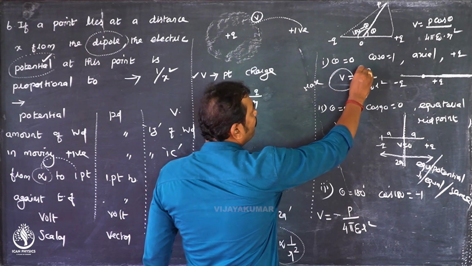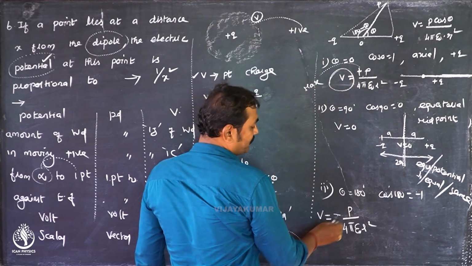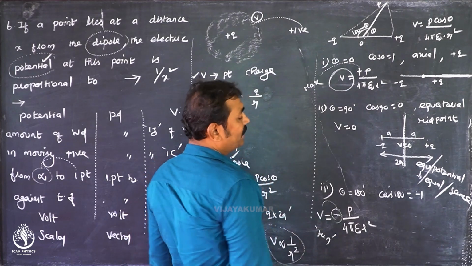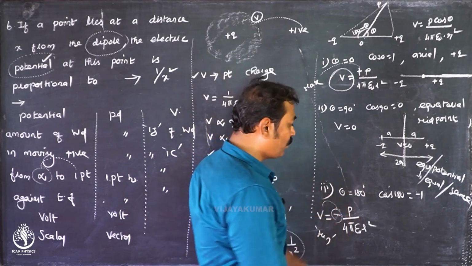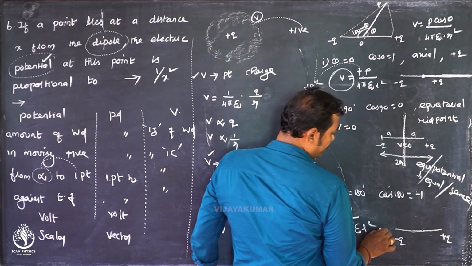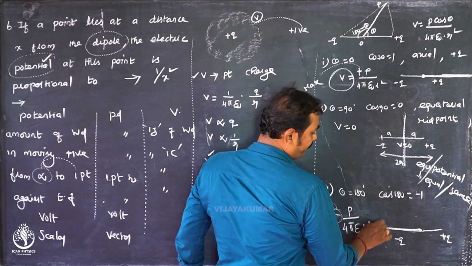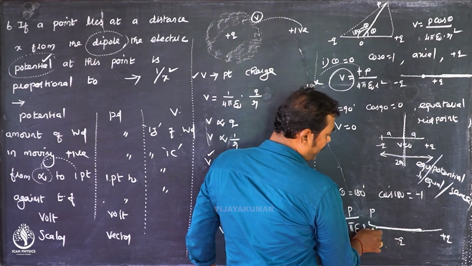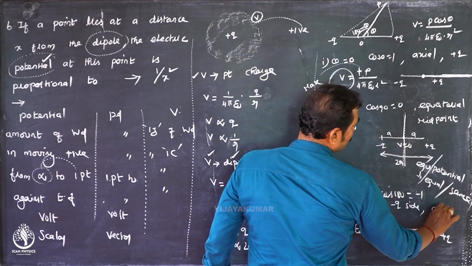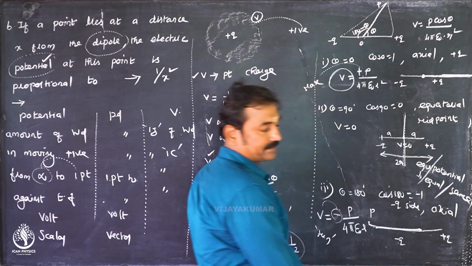Here it will be plus, so that it is maximum. Here it will be minus, so it will be minimum. So at 180, with minus Q and plus Q, the point P lies on the minus Q side. It is also along the axial line.